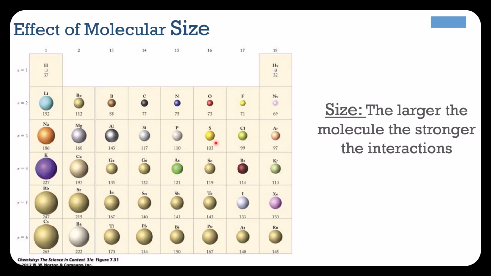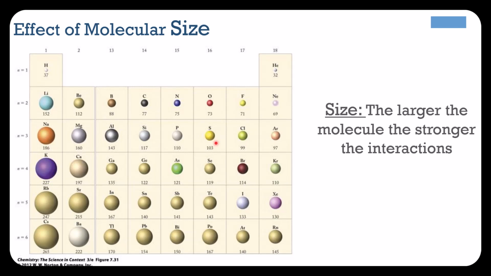The larger the molecule, the stronger the intermolecular interactions will be. We've discussed this in a previous lecture: with atoms that are bigger, the further away those electrons are, and the more susceptible they are to outside influence. That makes it a stronger interaction because those dipole moments will happen more frequently.